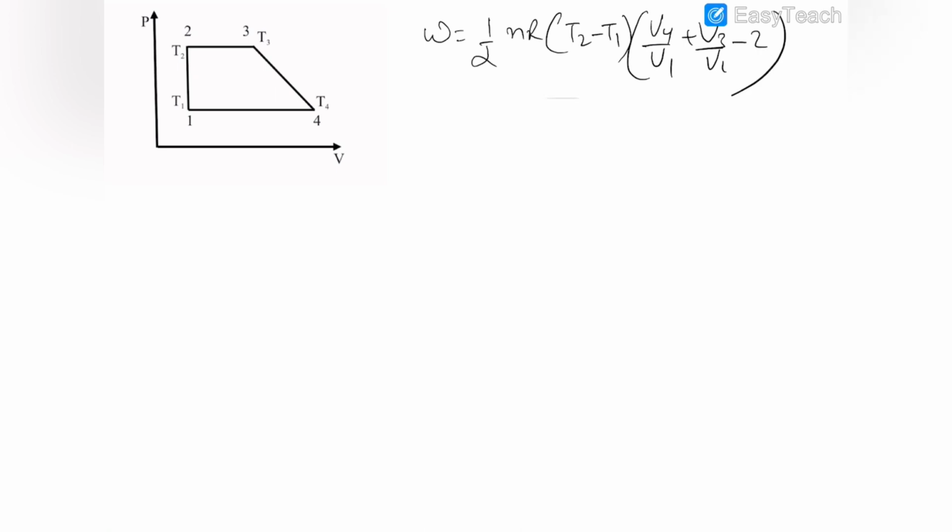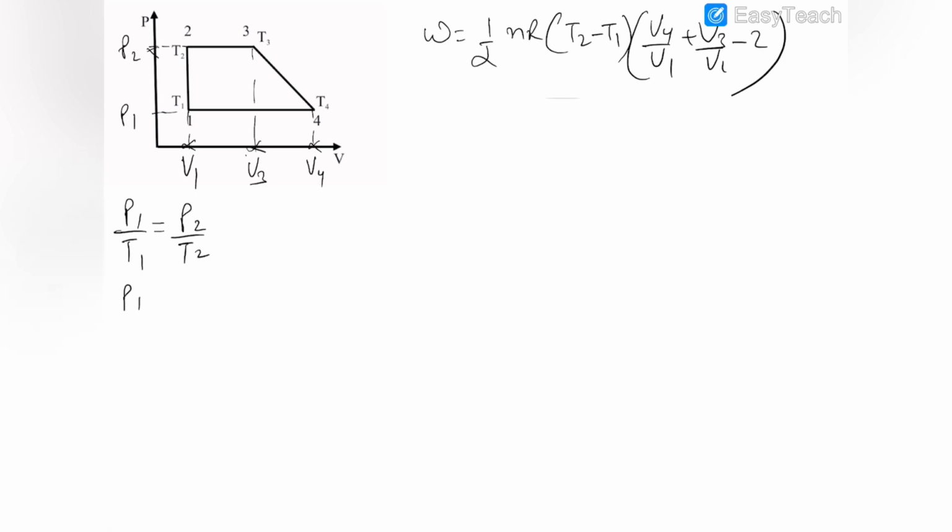Now we have to substitute the values of V4, V3, V1 in terms of temperature. So let us first of all write down all the relationships. First of all, let us write down the coordinates of the volume and pressure. On this line volume is constant, so we can say that P1 by T1 is equal to P2 by T2.